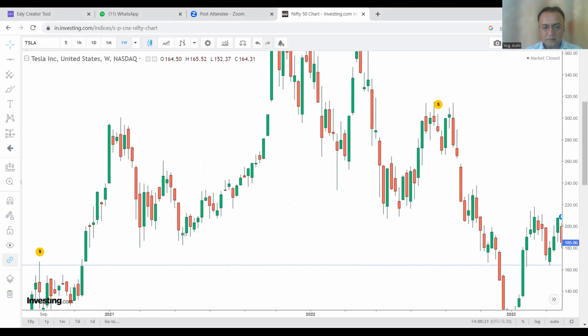This is a clear cut pin candle at the bottom, confirmed with a bullish candle, and then a clear cut upward direction.